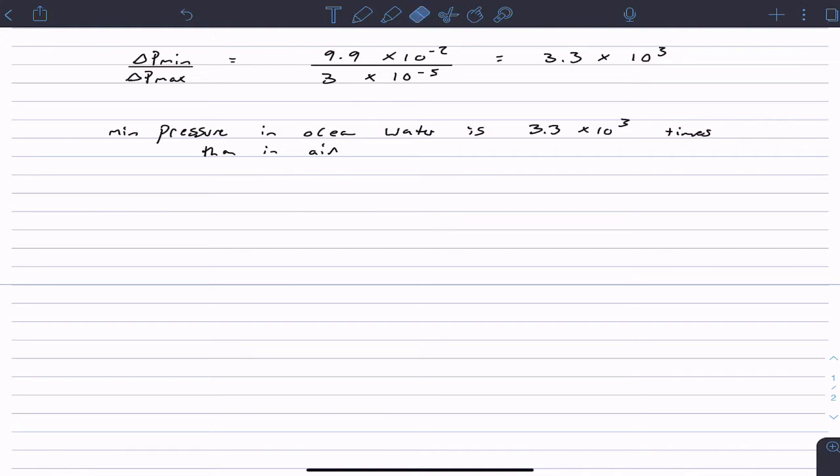I guess I should actually say higher, not louder. So we're talking about a change in pressure. But either way. Okay, next problem.